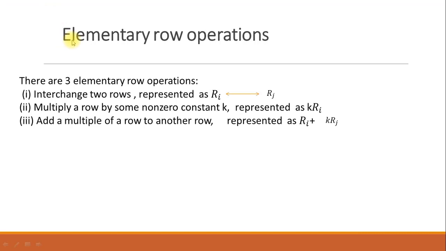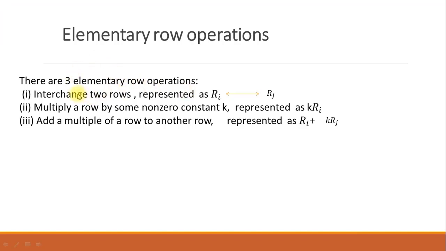Now for the echelon and reduced echelon form, we need some row or column operations called elementary row operations or elementary column operations. Now what are elementary row operations? There are 3 elementary row operations.